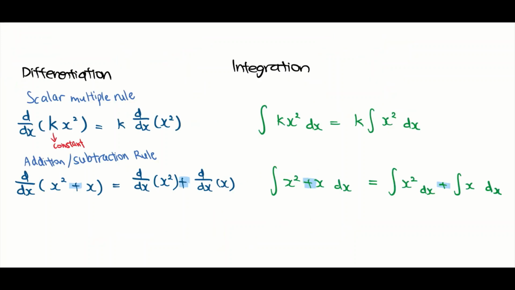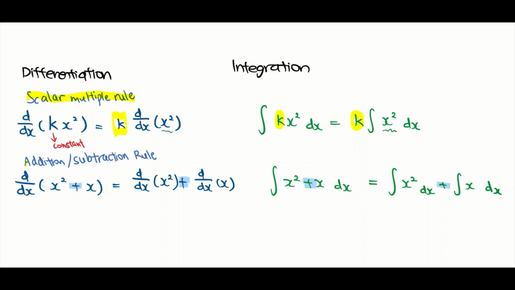There are some similarities between differentiation and integration. The scalar multiple rule applies to both differentiation and integration, meaning I can take out the k and just differentiate anything that has x. Same thing for integration: if I integrate kx squared, I just take out the k and integrate anything that has x.